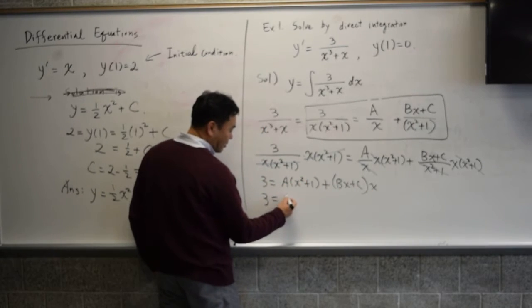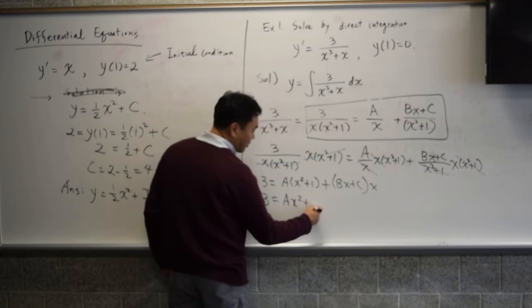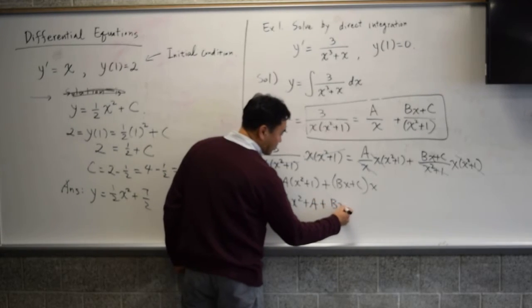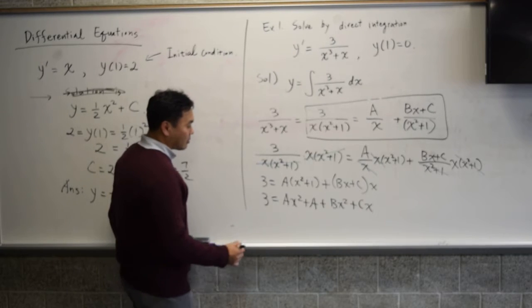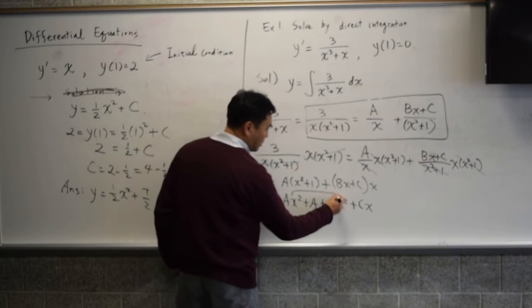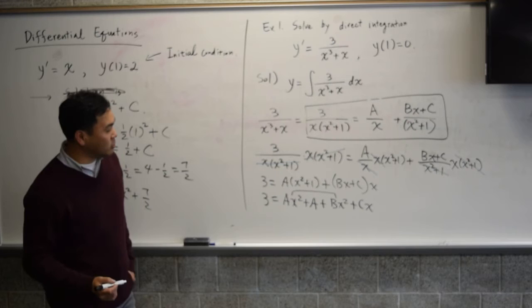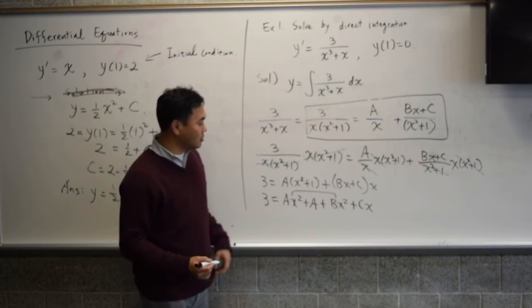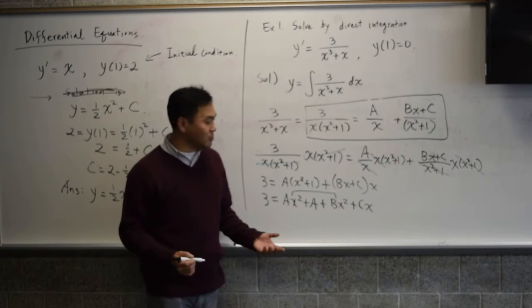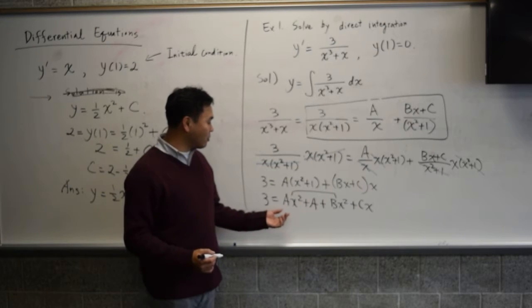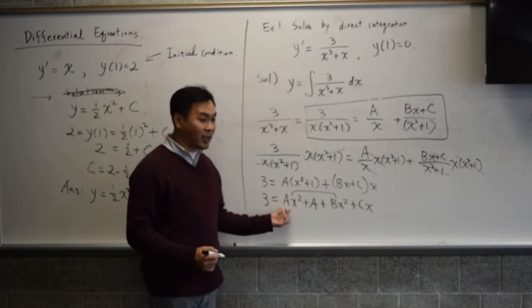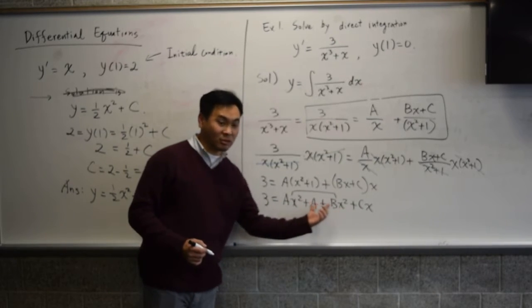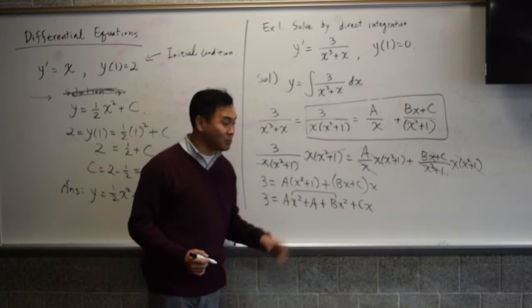Multiplying everything else, I have ax squared plus a, bx squared plus cx, so that I can see which terms can be combined. See, I'm thinking of a, b, c as some constants, and therefore, even if these are not like terms, if you view a as a variable, these two are now considered like terms because a and b are some numbers, okay?